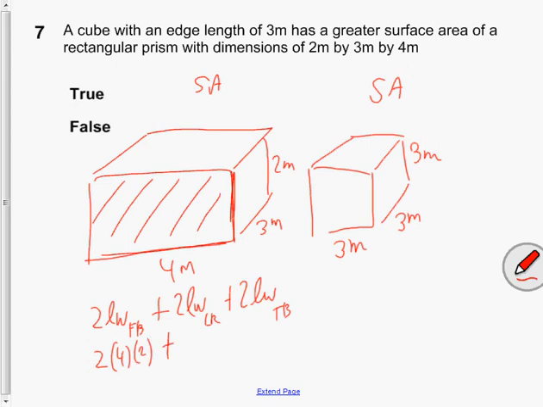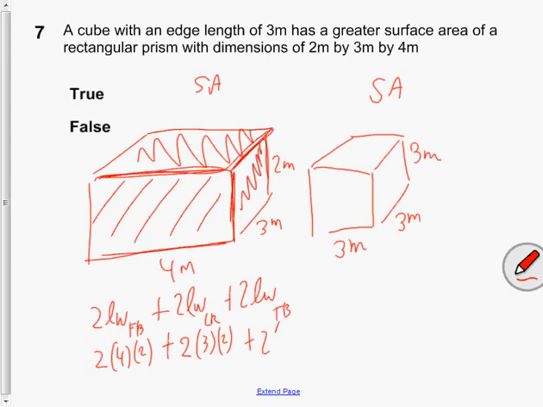The left and right are both the same, and they are both 3 by 2. And finally, the top is 4 by 3, so we have two that are 4 by 3.